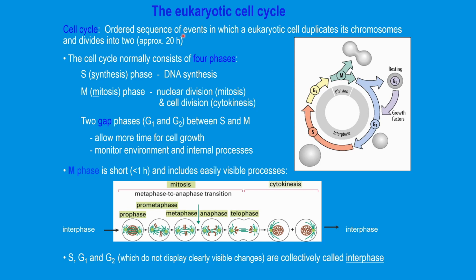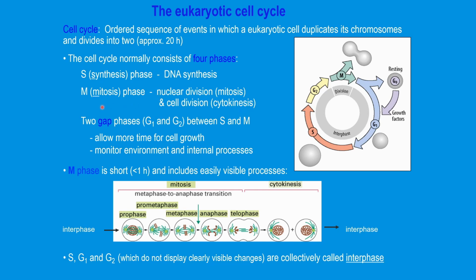But that will vary in different animals and at different times during development. The cell cycle normally consists of 4 phases: the S phase for synthesis of DNA, the M phase for mitosis, where we have nuclear division, mitosis, and then cell division, cytokinesis, when the cells separate.